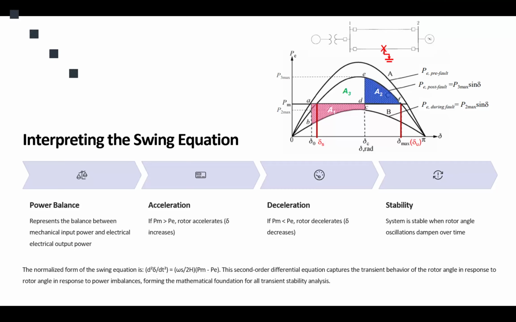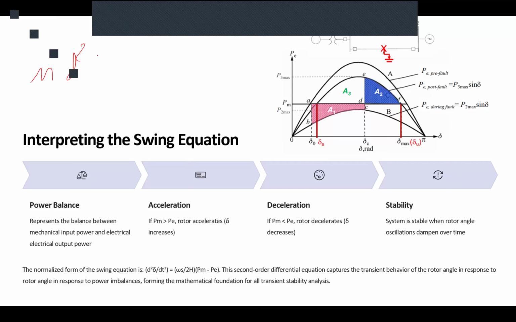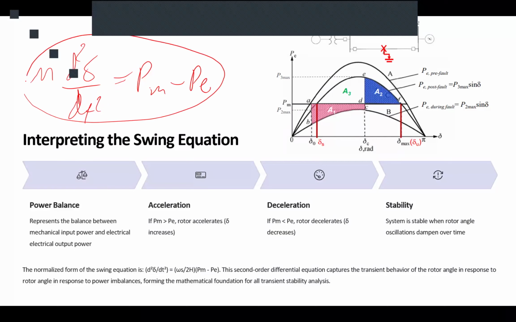Let me write down that M times the second derivative of delta equals PM minus PE. We wanted to analyze this for any kind of disturbance in power or delta. Basically, it's a disturbance in power that would cause a response in delta. We want to see what the responses are going to be, and in which part we are going to have a stable system based on those responses.